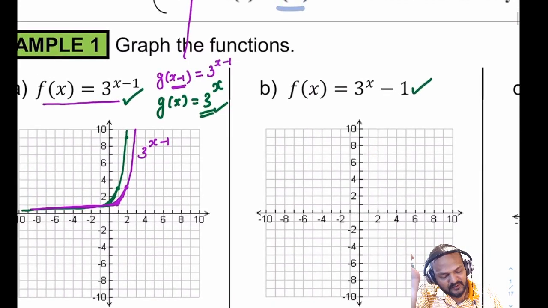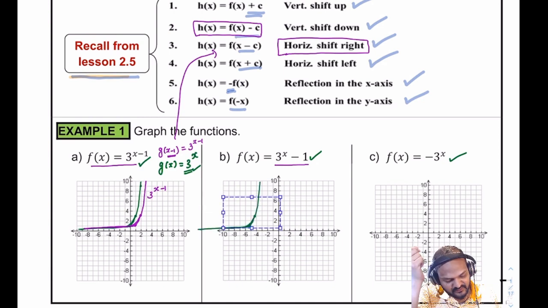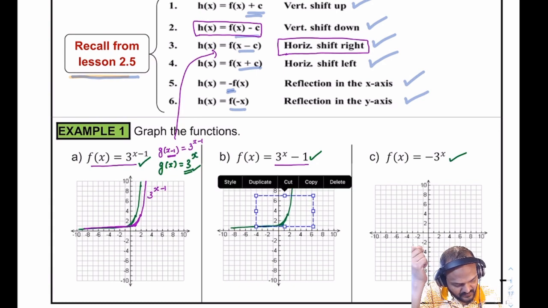By the same token, if you take a look at part b, f of x equals 3 to the x minus 1, this looks like this particular one, so that's basically a vertical shift down. So let me paste it. Here is the original graph that we had.